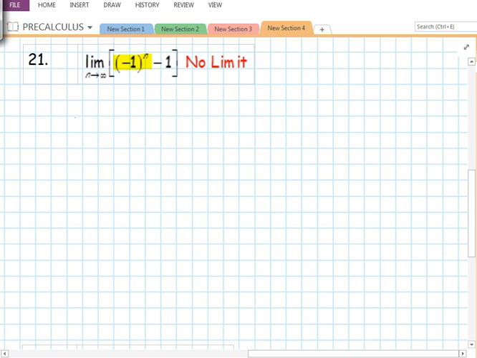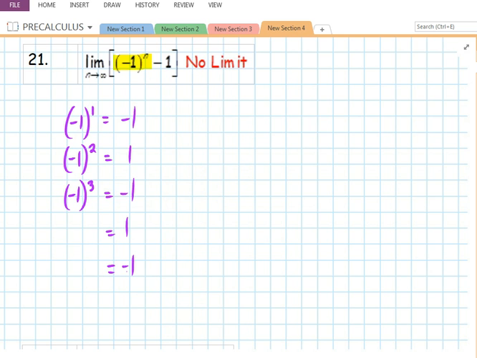Well, if you consider -1 the quantity to the first, and then -1 the quantity to the second, and -1 the quantity to the third, and so forth, you'll know that this goes -1, then +1, then -1, and it's going to continue to alternate back and forth, all the way up to infinity. So by letting n tend to infinity, it doesn't make a number larger or smaller in magnitude. It simply changes the sign on the number 1.